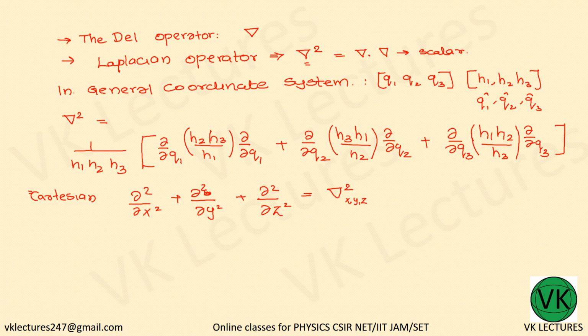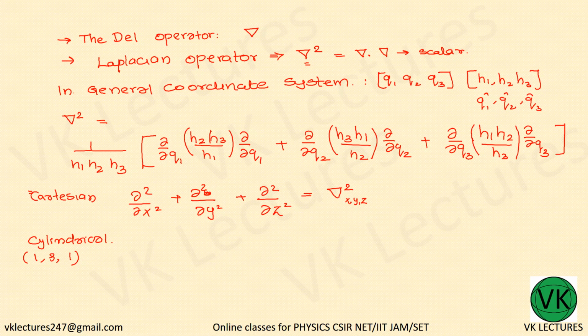Now for a cylindrical coordinate system, we have 1, rho and 1 as the metric elements.